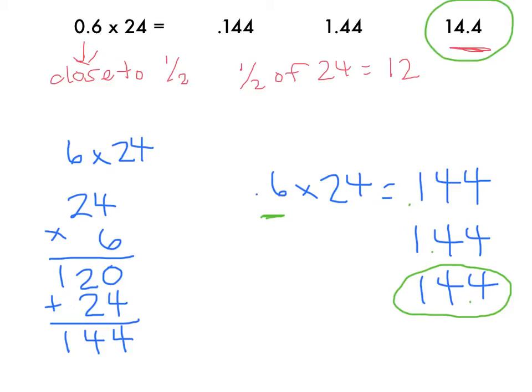Let's try another. 9 times 3 1/2. So this is like 9 groups of 3 1/2. So the first thing I'm going to think about is this. Because I have 3 choices, I'm thinking, okay, if I had 9 times 3, that would be 27.